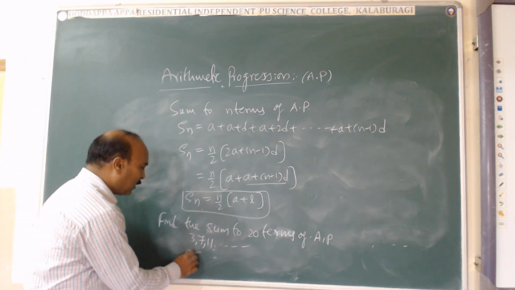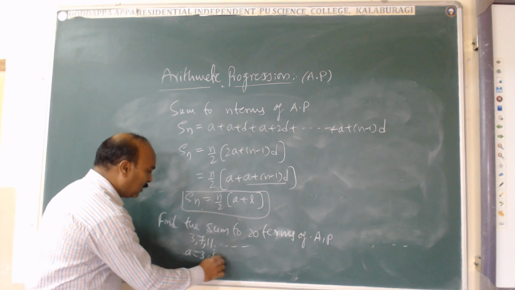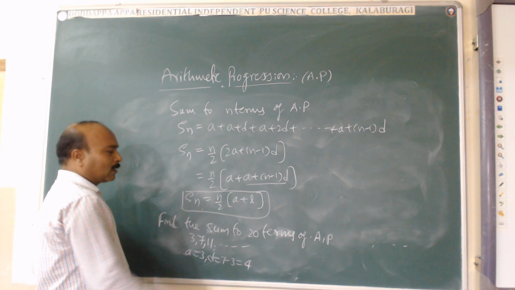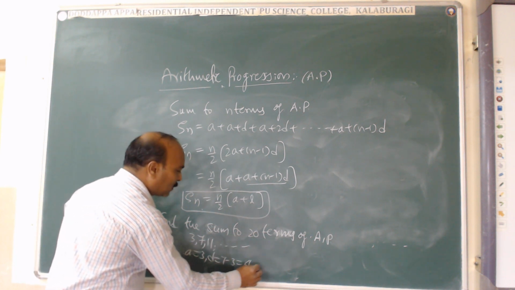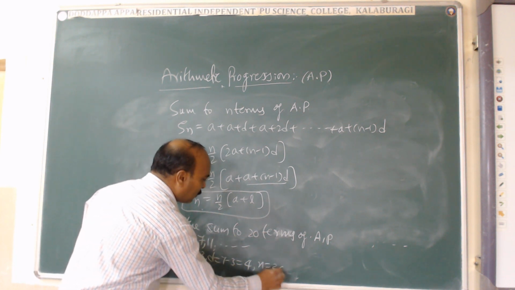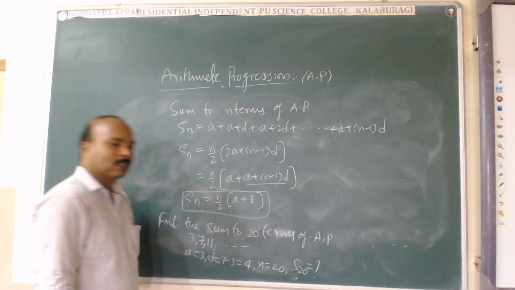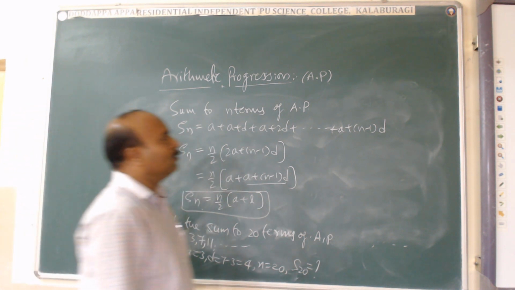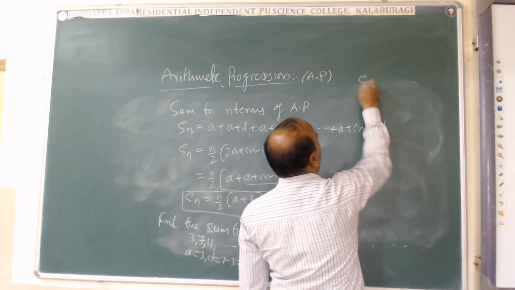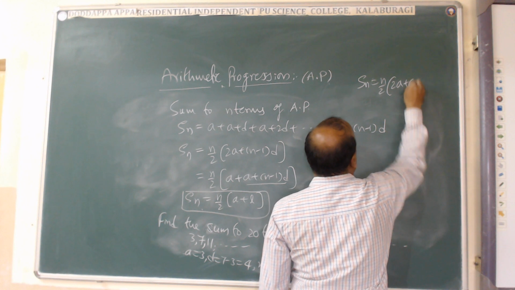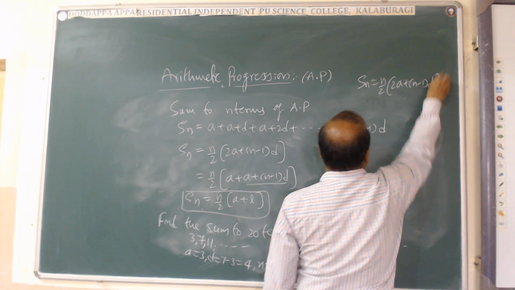Here the value of a is 3, d is 7 minus 3 equal to 4. You are asked to find the sum to 20 terms, so n equal to 20. We find S20 equal to what? This is the question. Now how can you find S20? So the Sn formula is n by 2 into 2a plus n minus 1 into d.